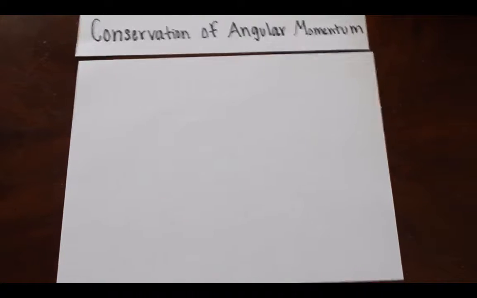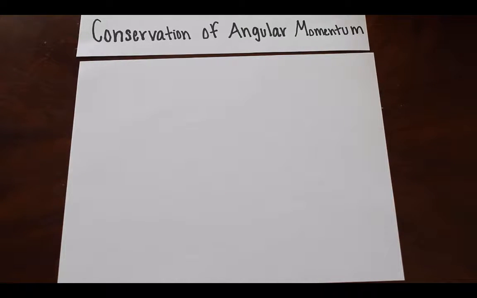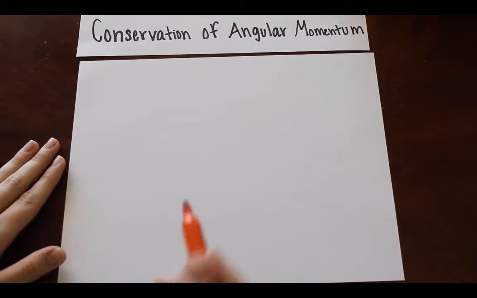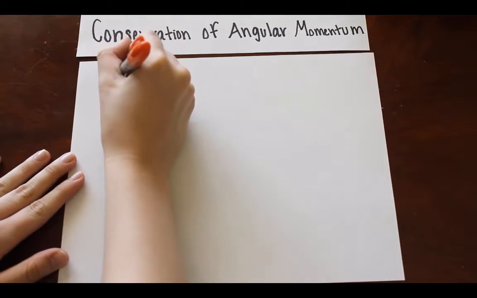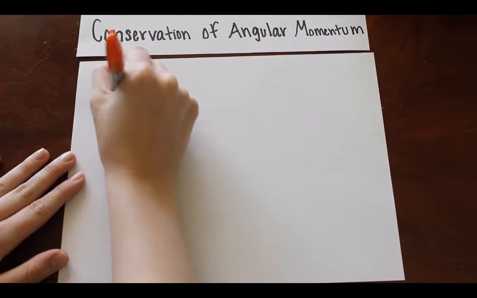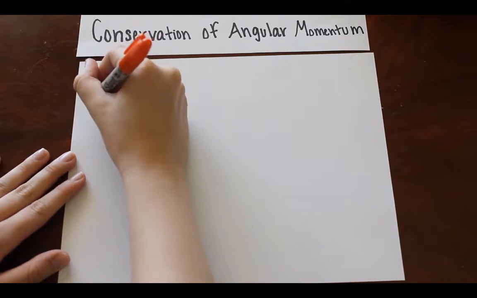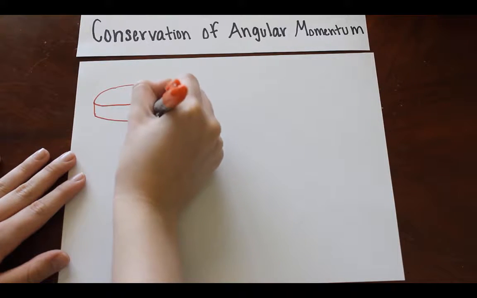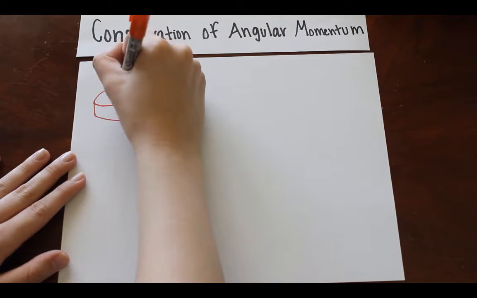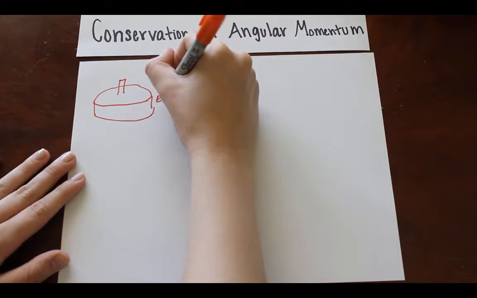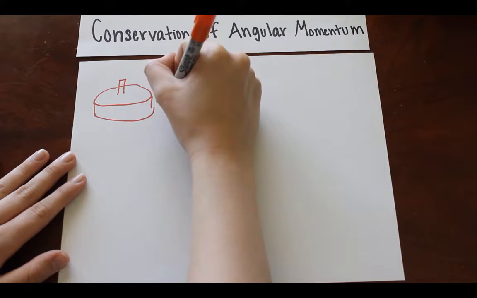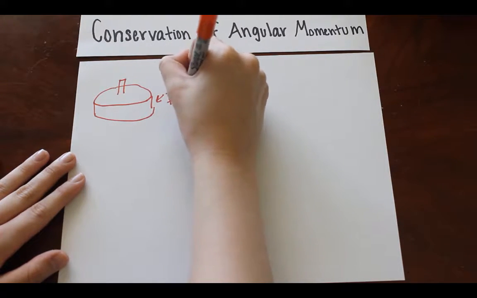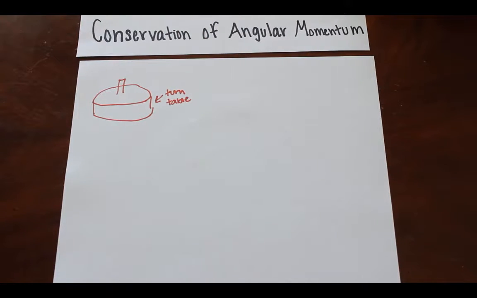Okay, so now let's do an example. We're going to start out by drawing a picture. And this is a horribly drawn turntable that is very lopsided.